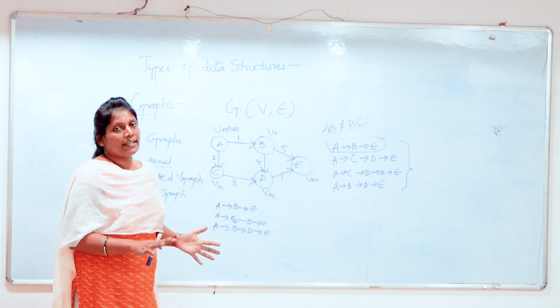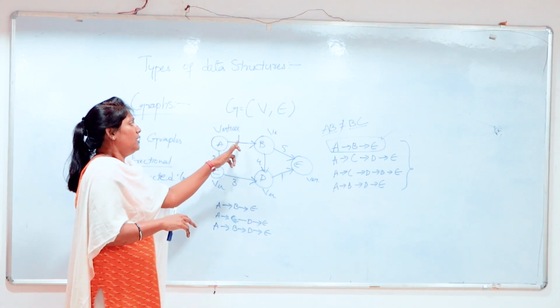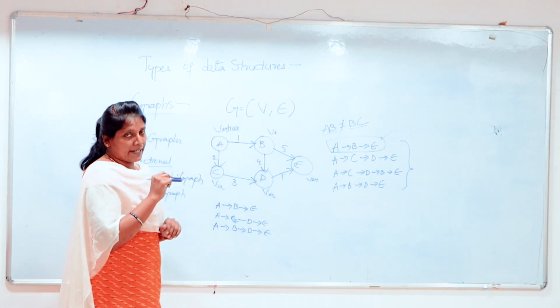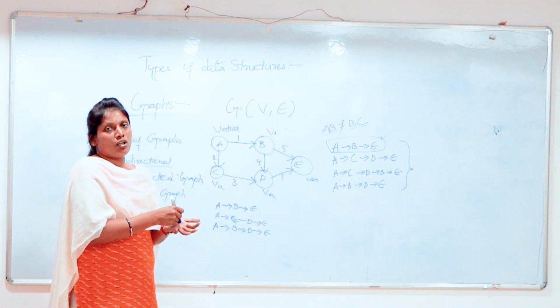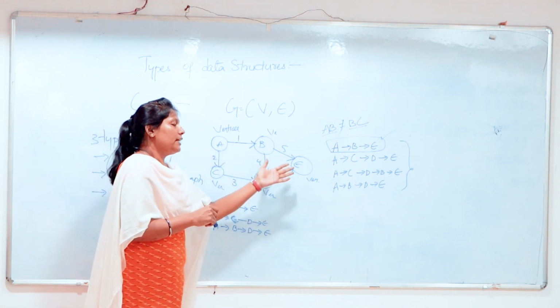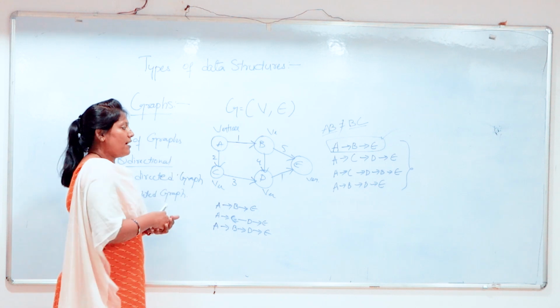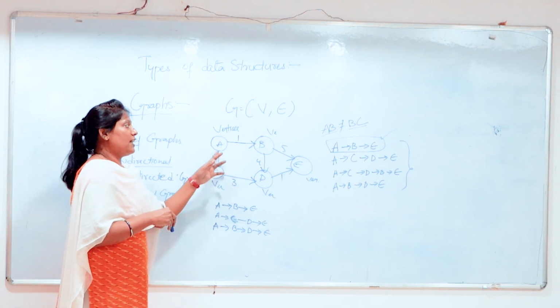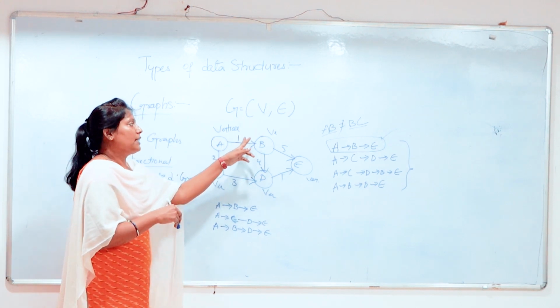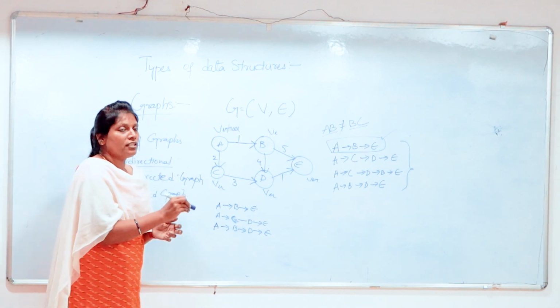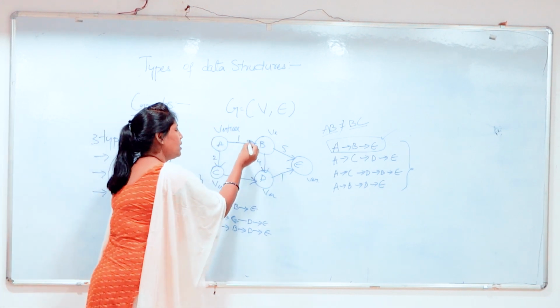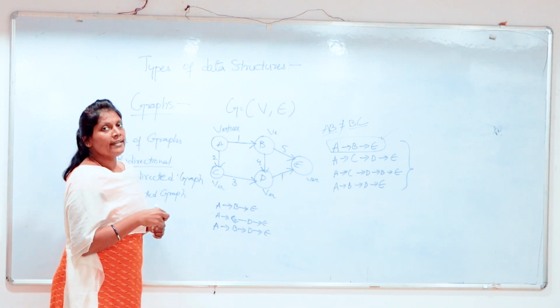Bidirectional means no direction here, and in the directed graph some direction will be given there. We have to follow the direction to traverse from each and every node in our graph. And the weighted graph is nothing but on our edge there will be some weight or a cost to traverse from A to B or whatever node is present in my graph.